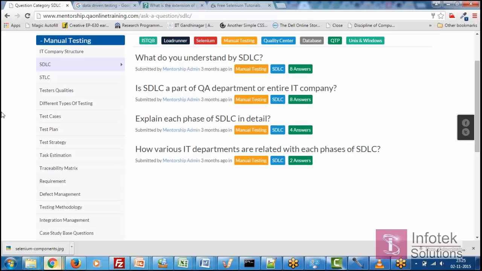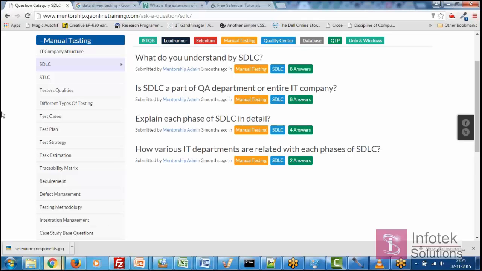For example, we need 5 testers, 5 developers, 2 business analysts, and 3 operations people. This is done by the project management department.